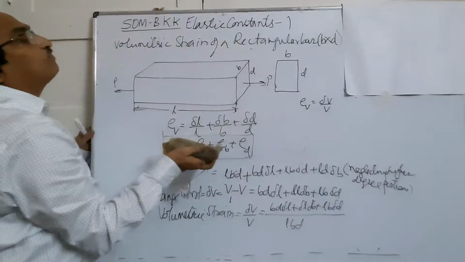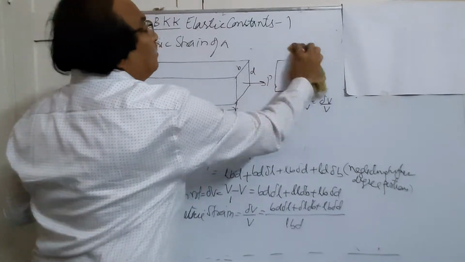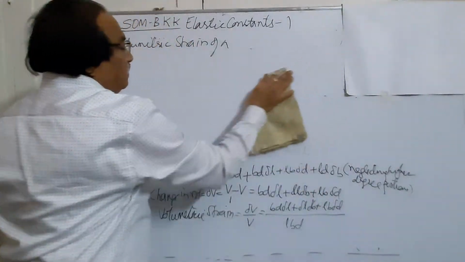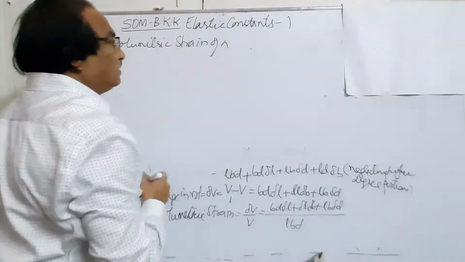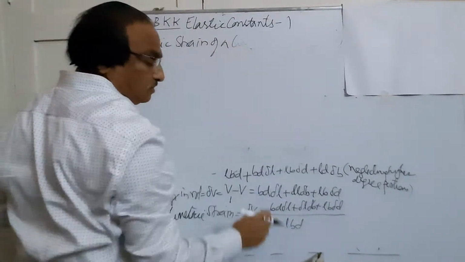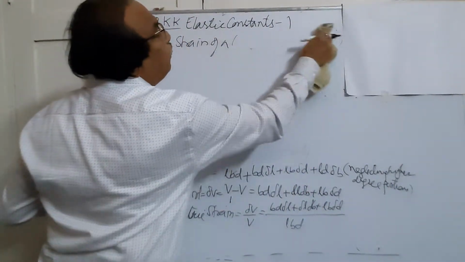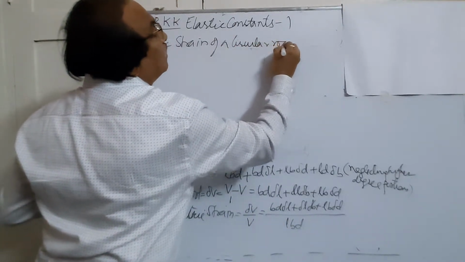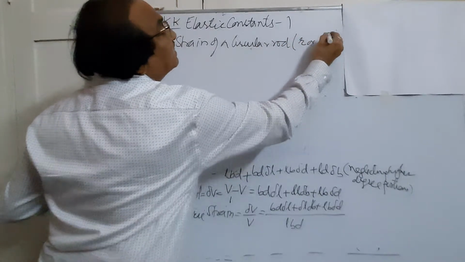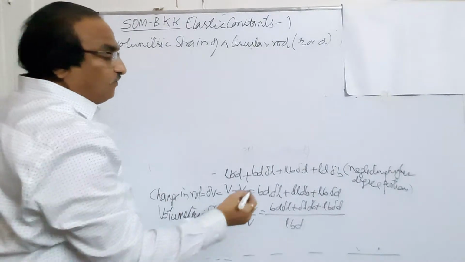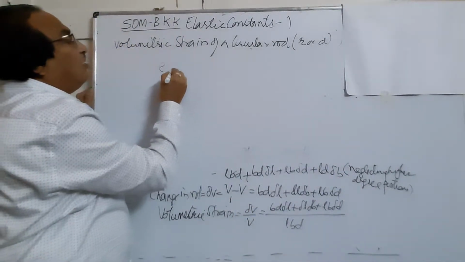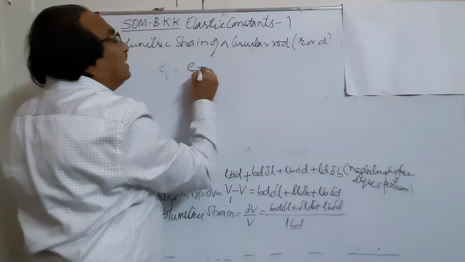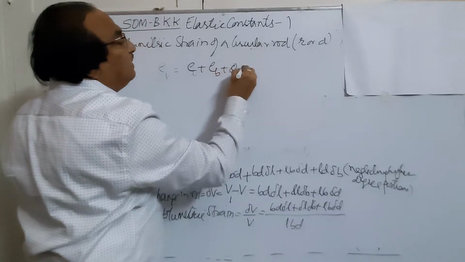So this is the volumetric strain of a rectangular bar. Suppose I want to find out the volumetric strain of a circular rod of diameter d. We have just found out the volumetric strain of a rectangle is EL plus EB plus ED.